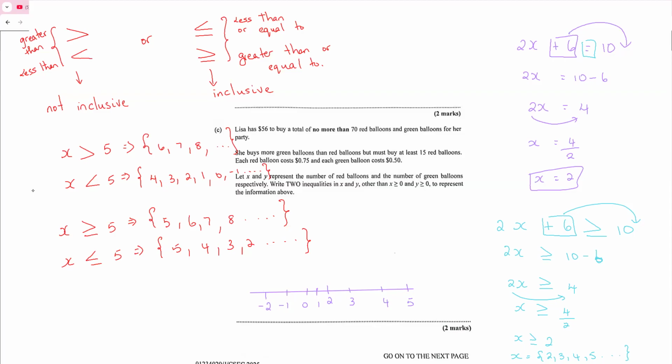Now on your number line, when you're drawing it, an empty circle means not inclusive, which means you use it for these signs.